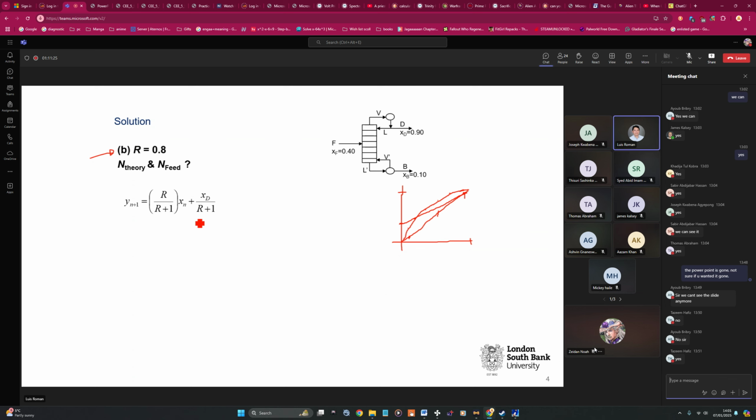So this is the equation for the rectifying operating line. I mean, ignore these subscripts. So the value of the intercept is given by that.